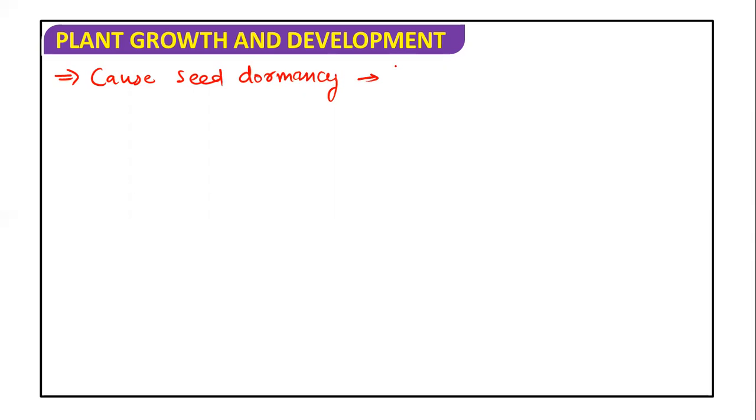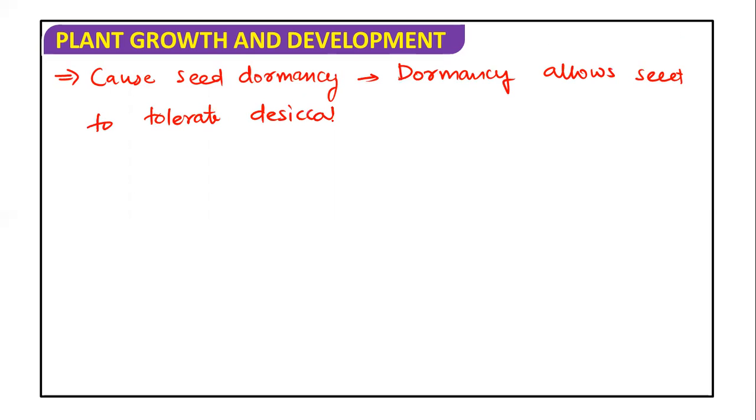Because dormancy allows the seed to tolerate desiccation and extremes of temperature.